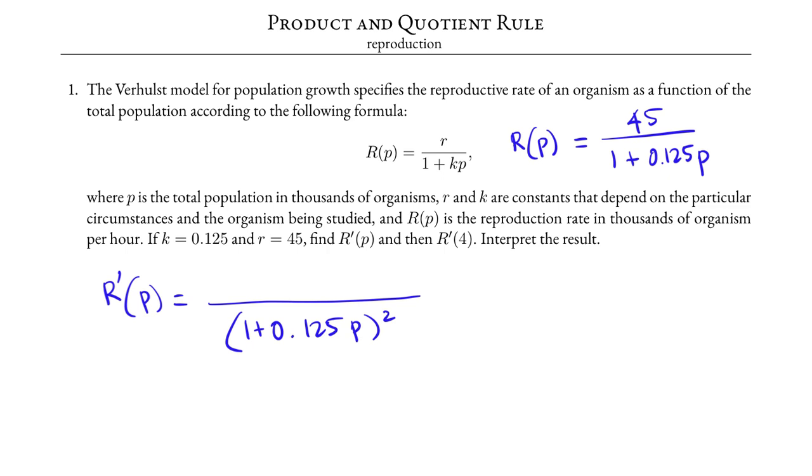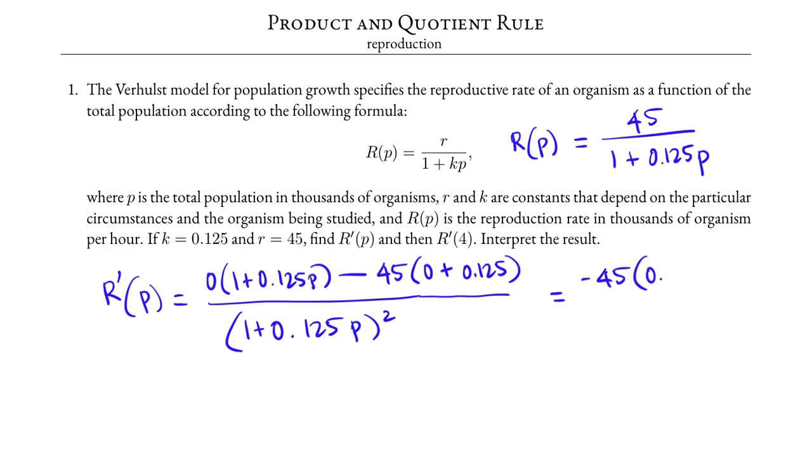In the numerator, the derivative of the top, the derivative of 45, is 0 times the bottom, 1 plus 0.125P, minus, and then we keep the top, which is 45, and we multiply by the derivative of the bottom. The derivative of 1 is 0 plus the derivative of 0.125P with respect to P, which is 0.125. This is minus 45 times 0.125 over (1 plus 0.125P) squared.